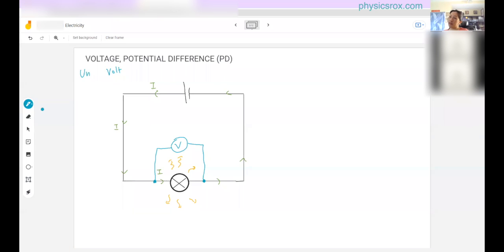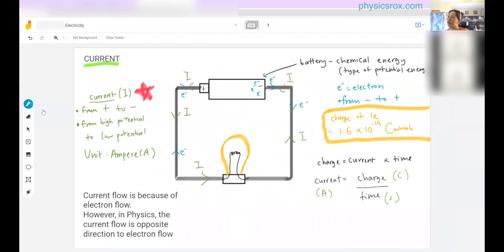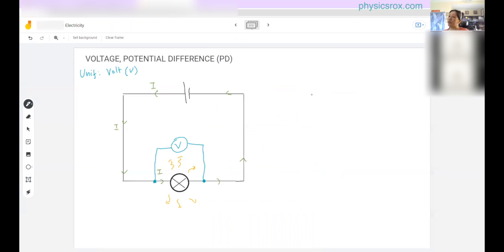Unit is measured in volts. I think I didn't do the current, no? For current you use an ammeter. I think you know that already. If you want to measure current, you use an ammeter. For this one you use V, voltmeter, unit is volt.